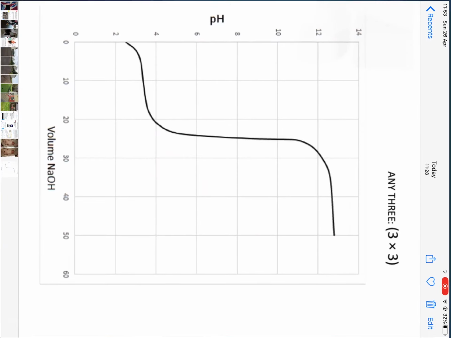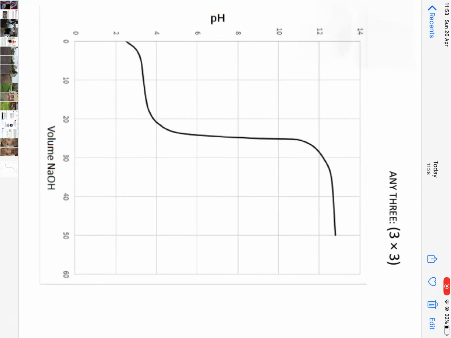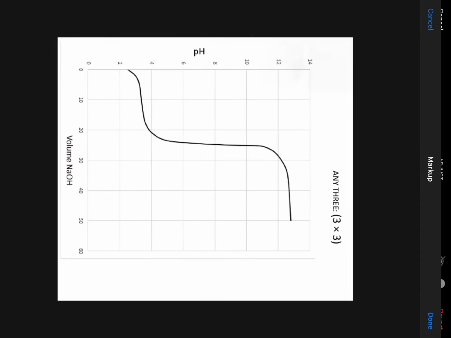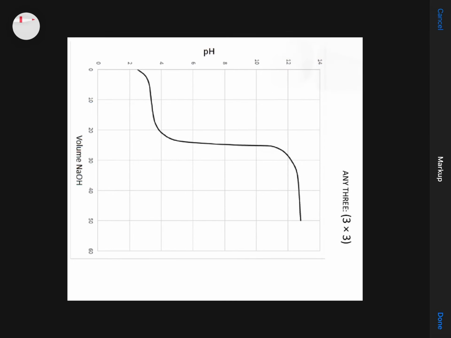Now, I have a photo here. If we look at this photo, or this graph, how would I know which acid was used here with titration with sodium hydroxide? Well, first of all, look at where it's starting. Look at your axis.